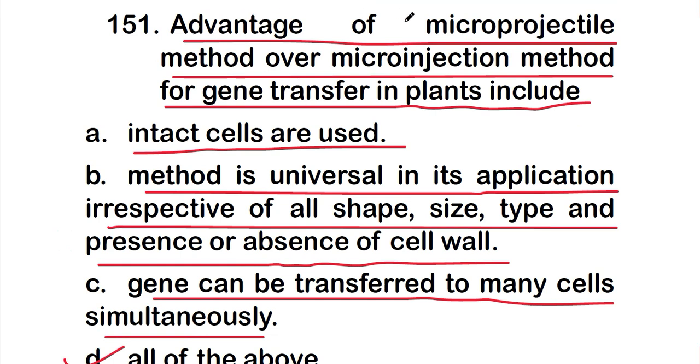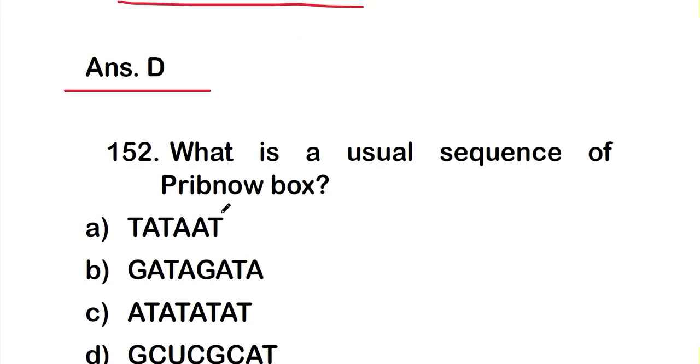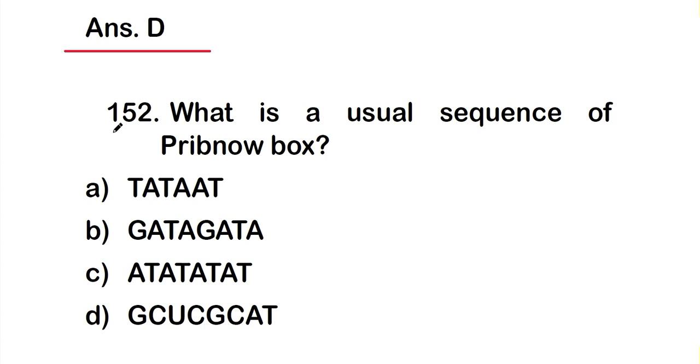So the advantages of microprojectile method over micro-injection method for gene transfer in plants include option A, option B, option C. These are all advantages of microprojectile. Okay, so let's move on to the next question, that is question number 152.